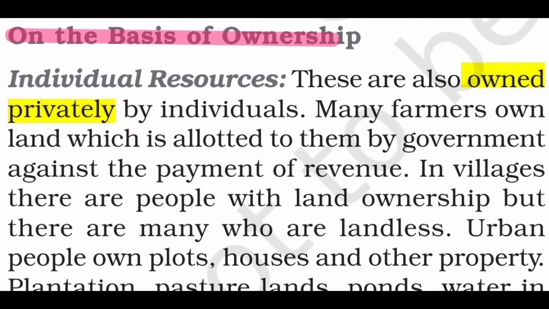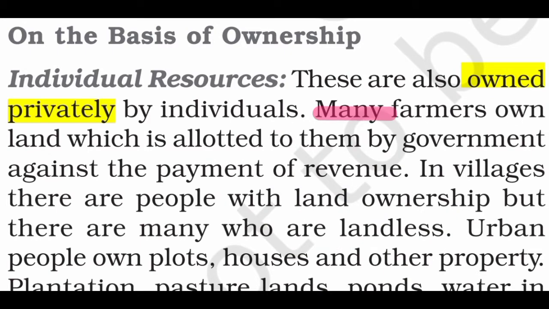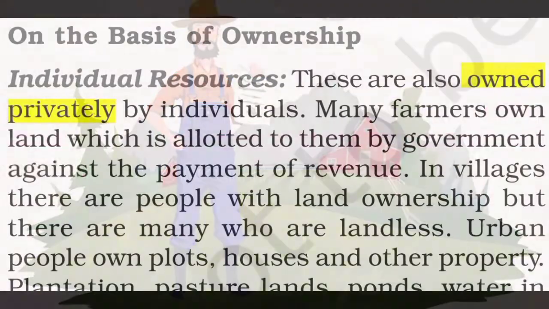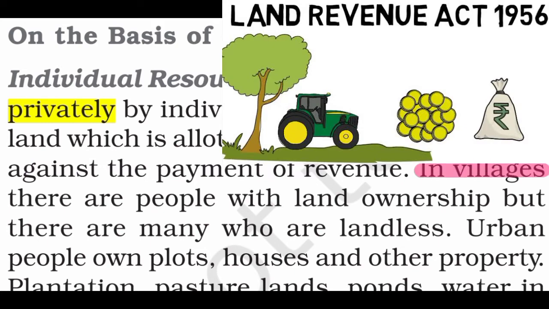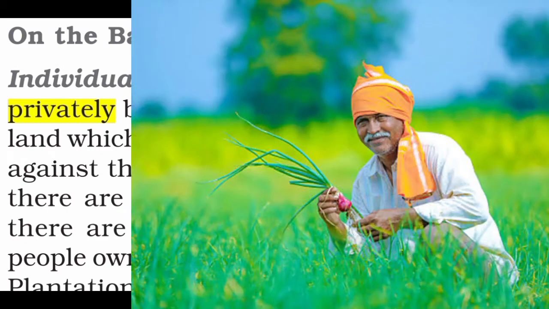On the basis of ownership, individual resources. These are also owned privately by individuals. Many farmers own land which is allotted to them by government against the payment of revenue. In villages, there are people with land ownership, but there are many who are landless.